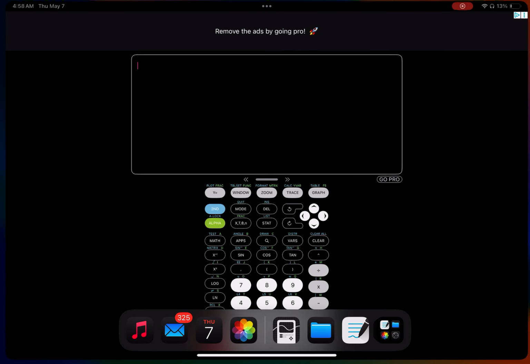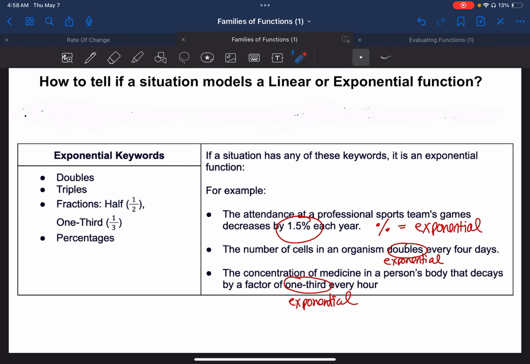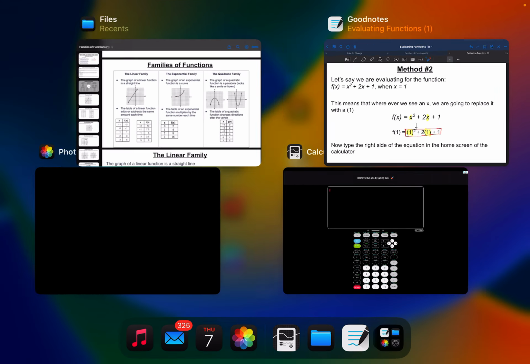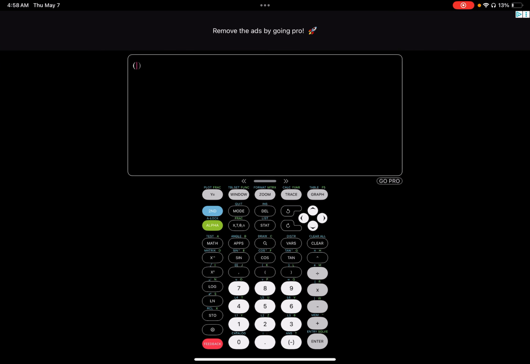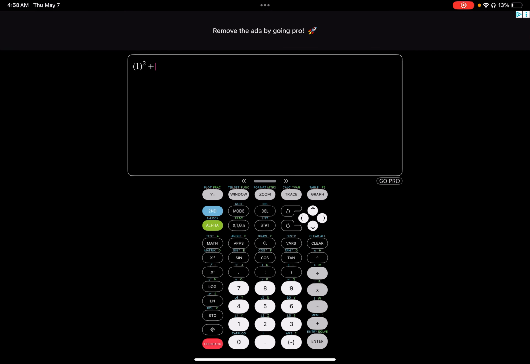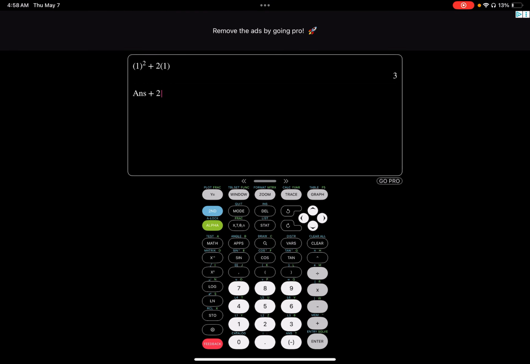And we're going to type in this. Oh, sorry. This. So parentheses 1, close your parentheses, square. And then plus 2 parentheses 1 plus 1.